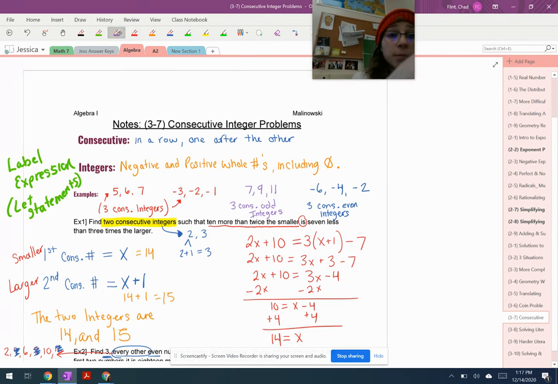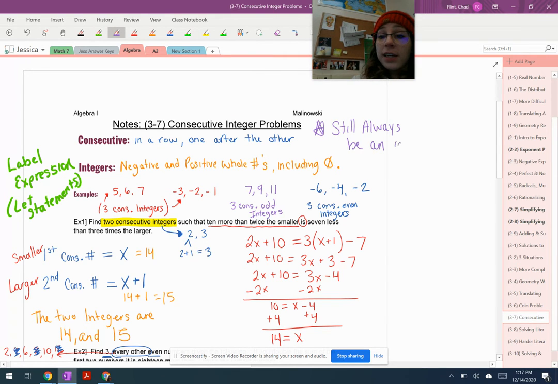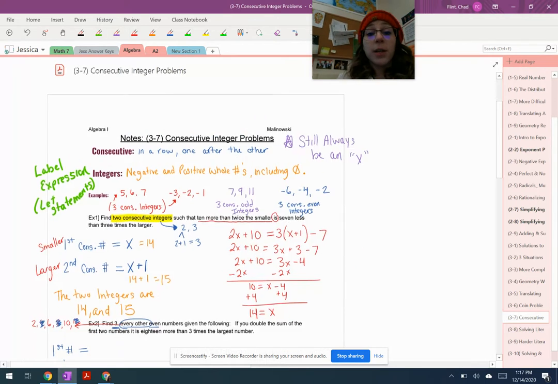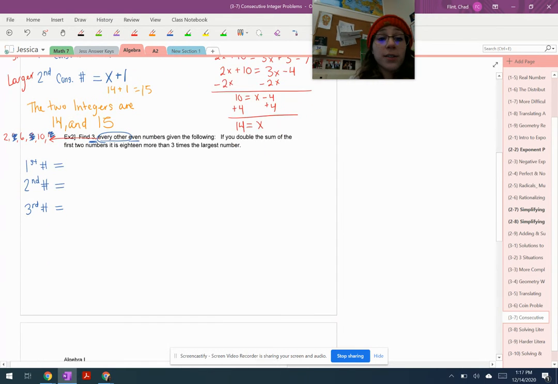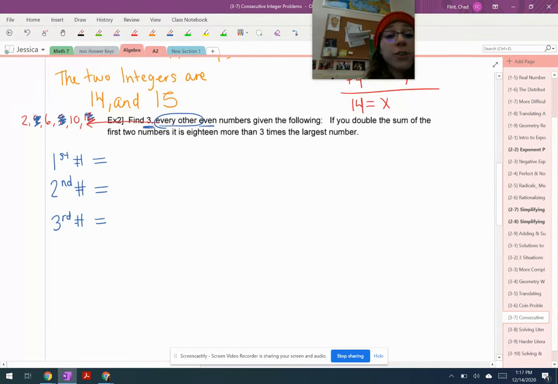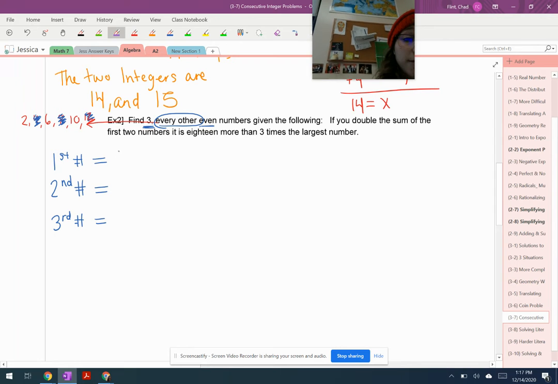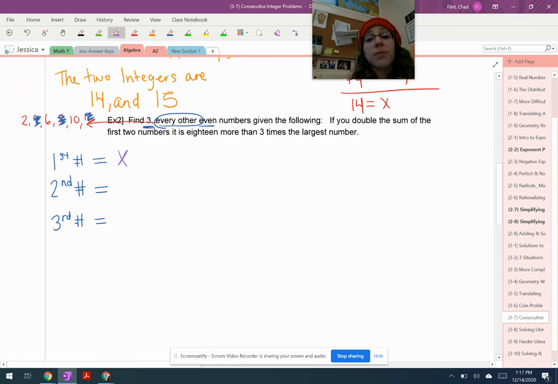Let's put that in purple. There will still always be an x. There's always going to be some expression that is just an x. So that first number we don't know, we're going to have that be x.